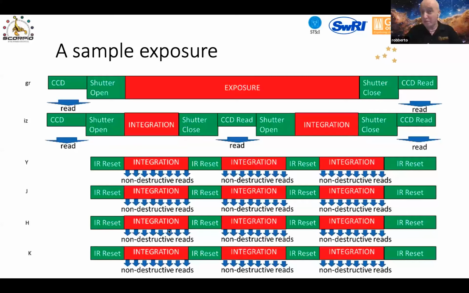Not that we may want to do that, but there is a significant independence, because even Y and K band may have different requirements in terms of length of exposure. Exposure that in this case for SCORPIO, I think unlike the majority of instruments, will be done in non-destructive mode with multiple reads of the sample.